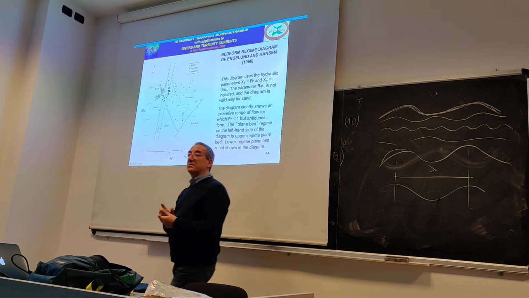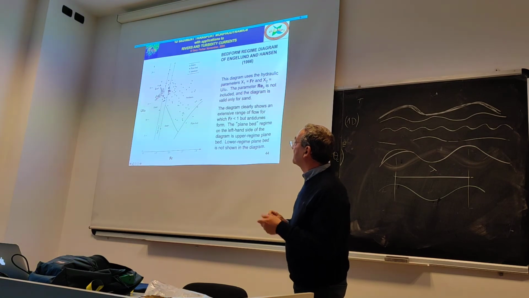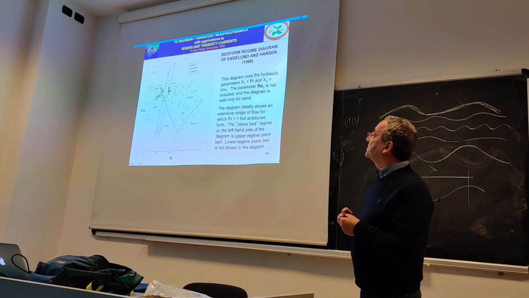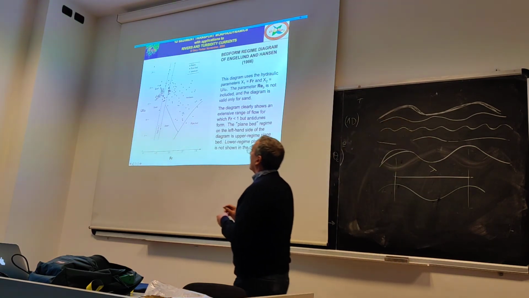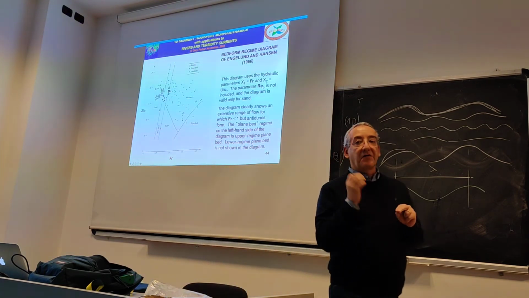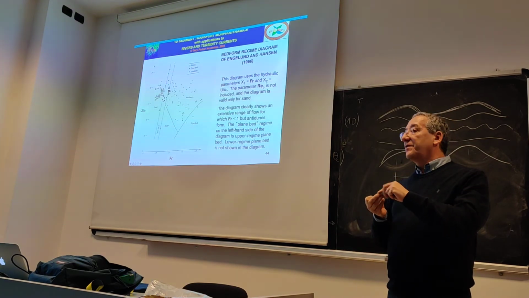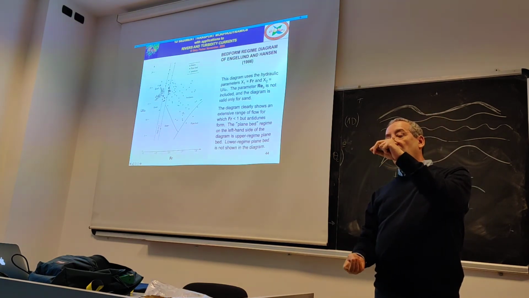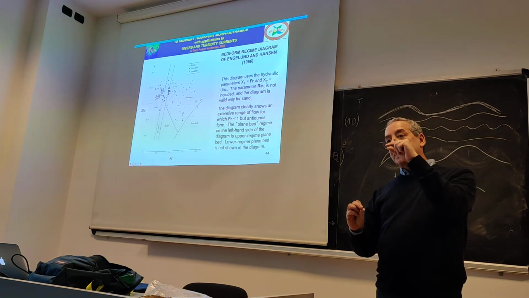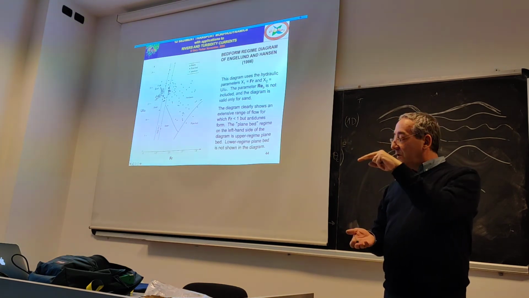So for example, a value of 20, typically it varies between 7 and 25. A value of 20 means a very fine material on the bed and a very deep flow. So the ratio of the grain size over the flow depth is small.